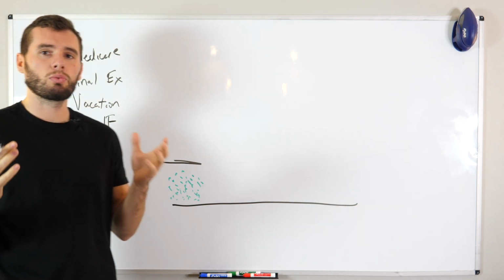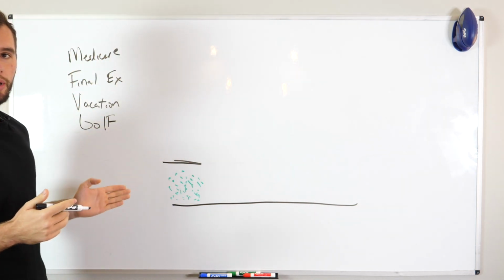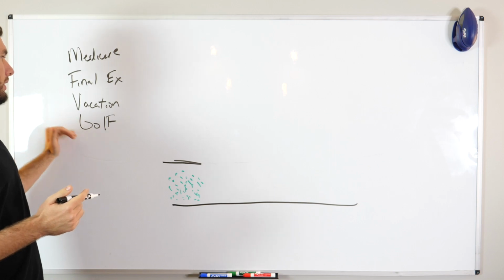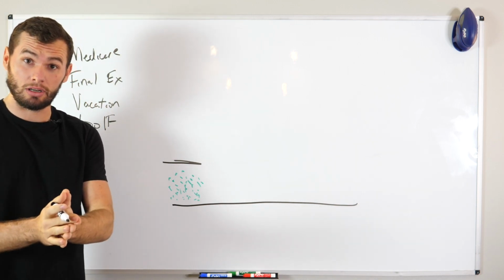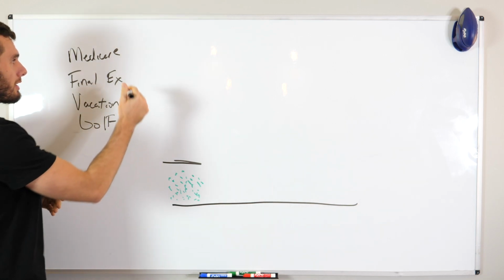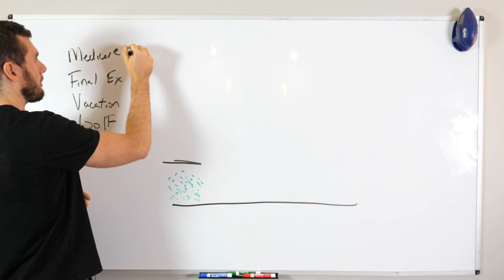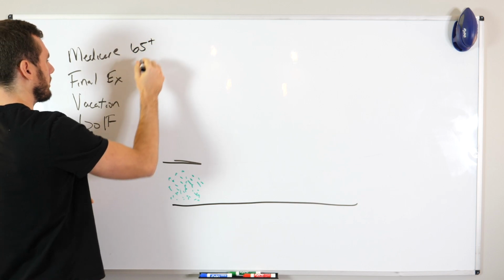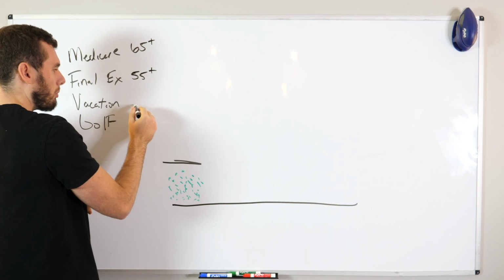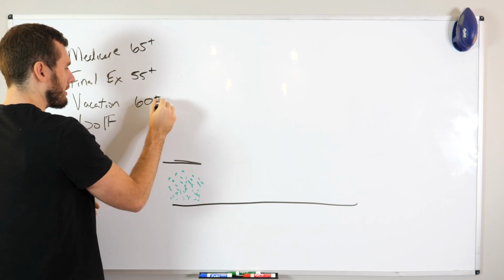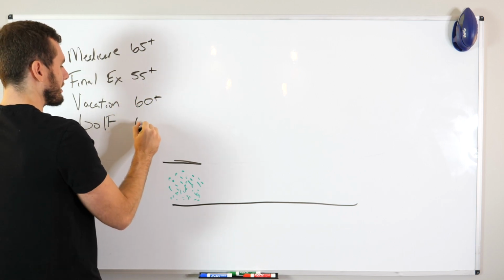But what you have to realize is all four of these components, even though they are vastly different, if you guys are trying to advertise to the same person, let's say that all of these people are going to Medicare, we're going 65 and plus. Final Expense, let's say we're 55 and plus, vacation home, let's say that it's 60 plus, and golf, let's say that it's 60 plus as well.